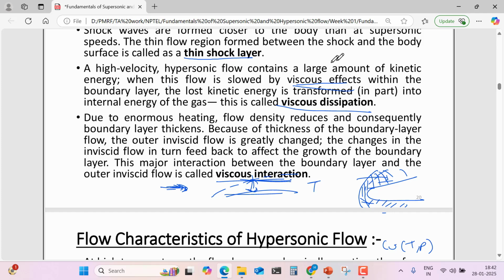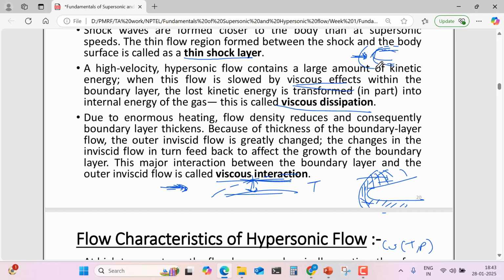Yes, so kinetic energy will be lost in two ways. One is across the shock, and the other is inside the boundary layer due to the viscous effect. Across the shock, can we say this is also viscous loss only, sir? Across the shock it is not viscous dissipation, but inside the boundary layer it is called viscous dissipation.